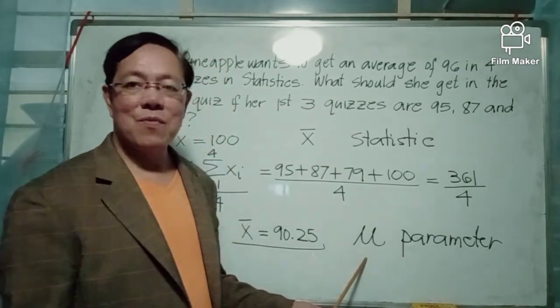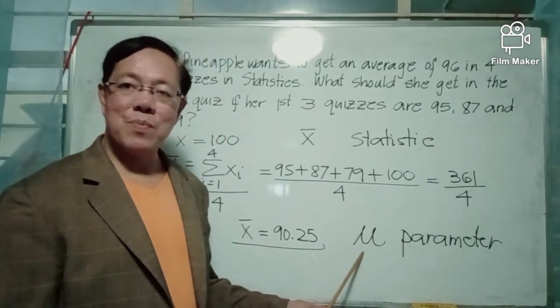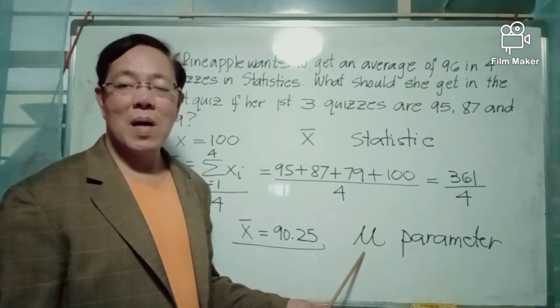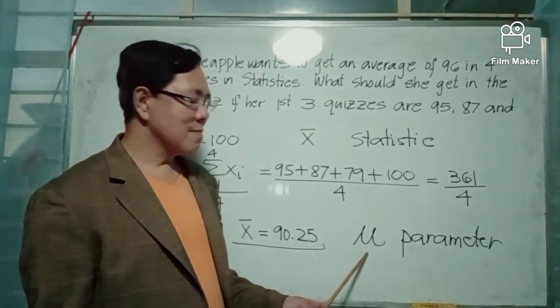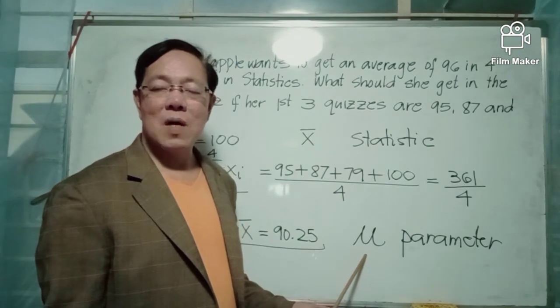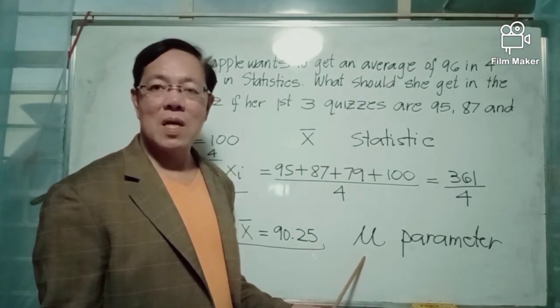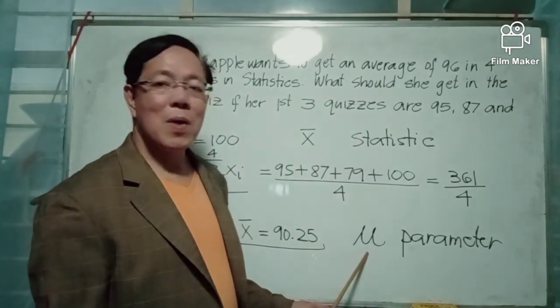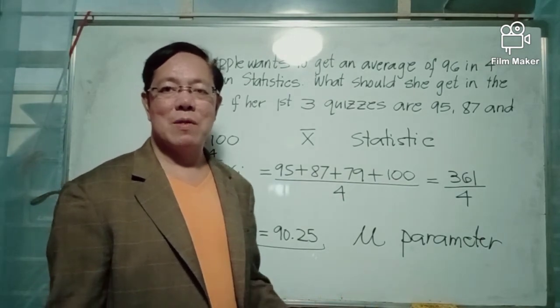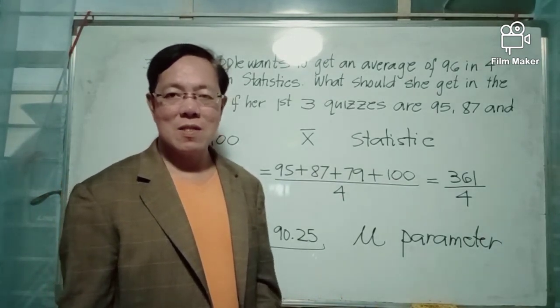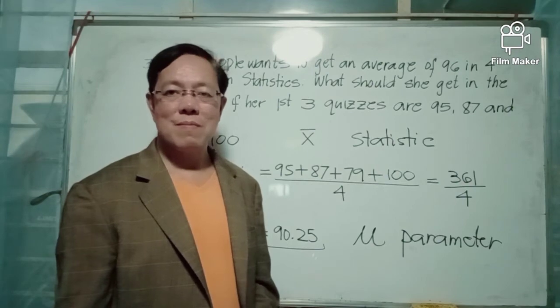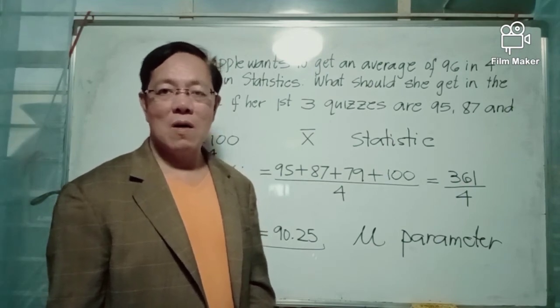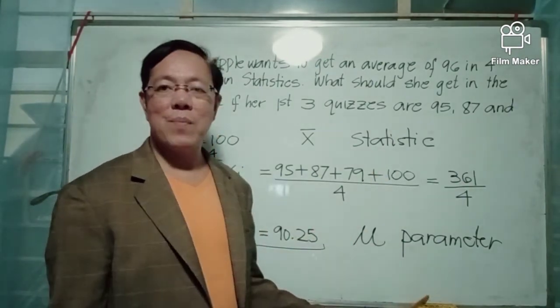An example of a parameter is the population mean. This is a value that can be obtained from the data obtained from a population. And the population mean is a parameter. As we go on with the lessons in statistics, we will meet more examples of statistics and parameters.